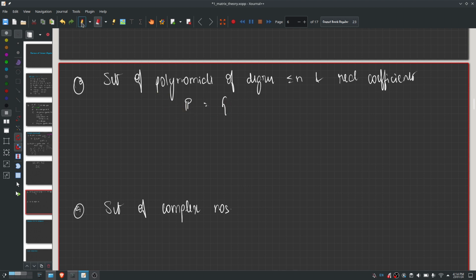If I take n equal to 2, then this would be the set of all a0 plus a1x plus a2x square, such that a0, a1, a2 are real. Does this form a vector space?